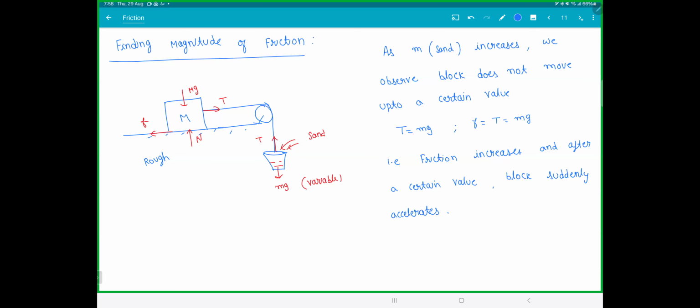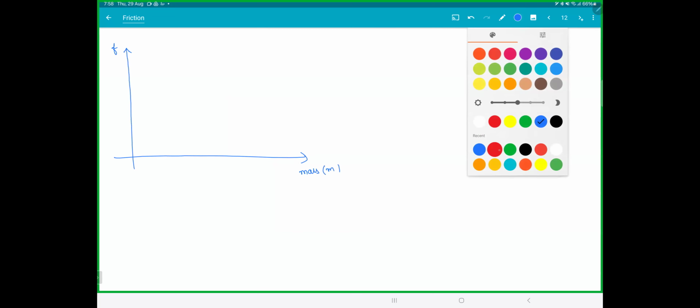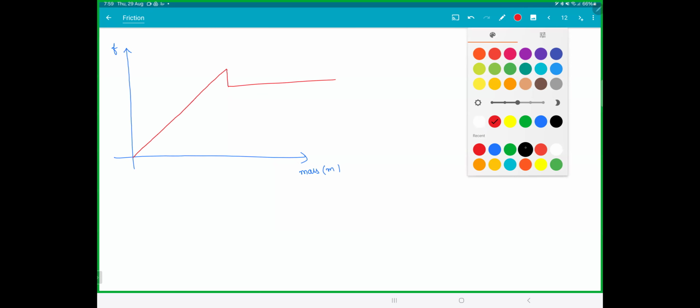When we try to plot a graph, this is what we notice. People plotted a graph of friction versus mg, where m is the mass of the sand. This is how the graph goes. The value of friction is initially 0, and it increases. Then it suddenly drops and becomes constant. We'll see why this happens.